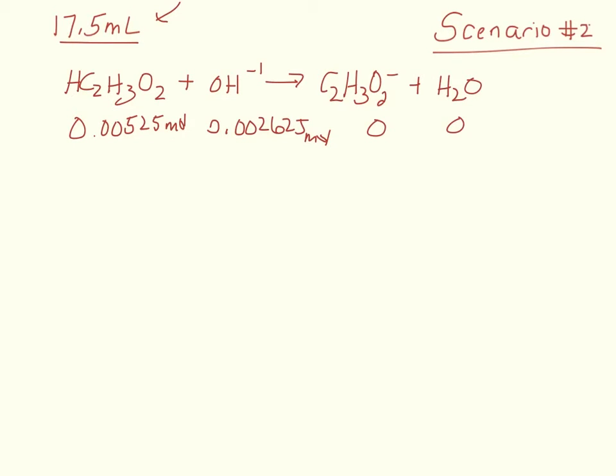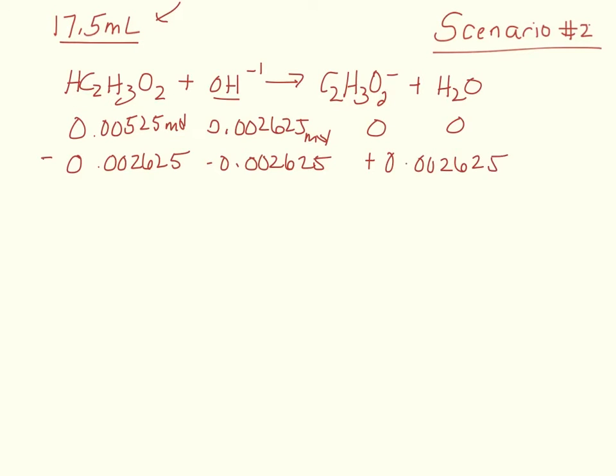But when they react, the acid and the base will react until one of them disappears. And I have less hydroxide. So I'm going to subtract each one of these mole values by the number of moles of hydroxide I have. So I'm going to subtract 0.002625 from both of these, and I'm going to add that to my product side, 0.002625.